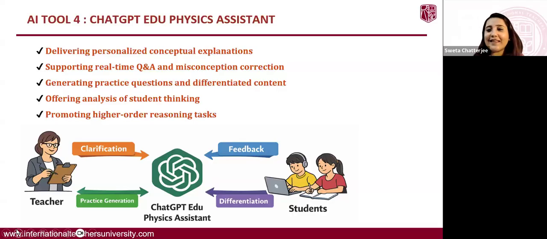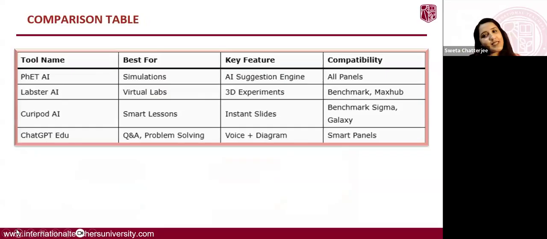So with all these little tools, I've showed you 4 tools. This is just a comparison. What are these tools used for? PhET is best for visualizing abstract concepts, I believe. Labster, on the other hand, supports immersive experiment-based learning.